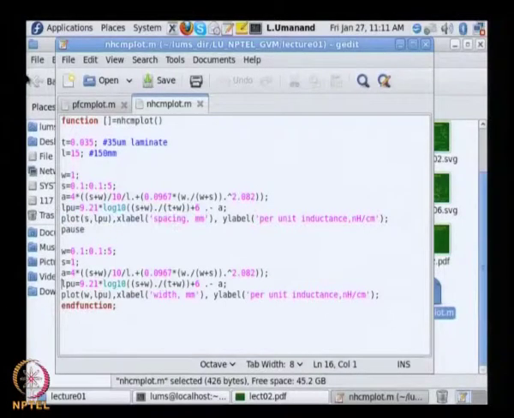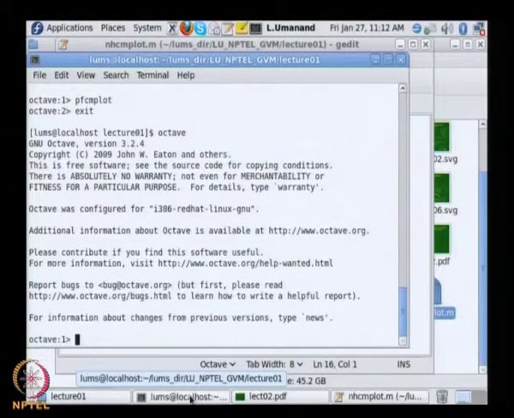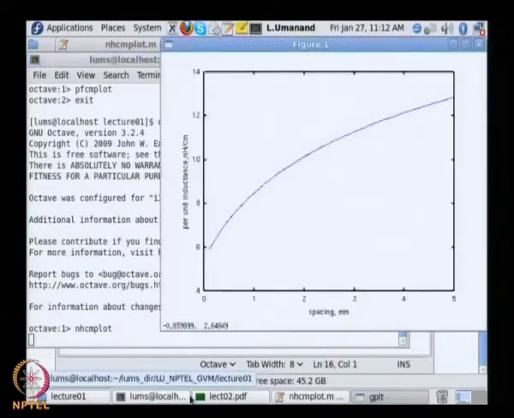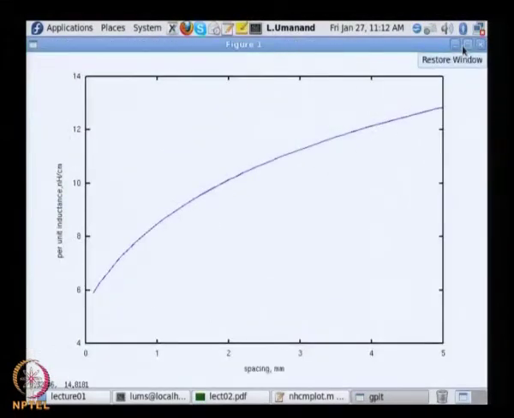So, now if you execute this in Octave, let me open Octave and then execute the nanohenry cm plot function. So, we see the plot where on the x axis you see the spacing between the tracks of the conductors, and here the per unit inductance in nanohenry per centimeter length.